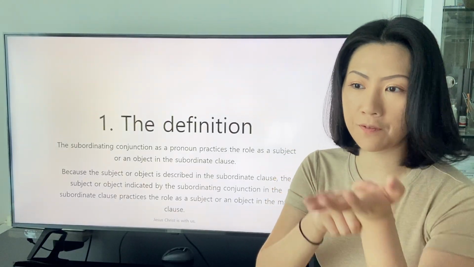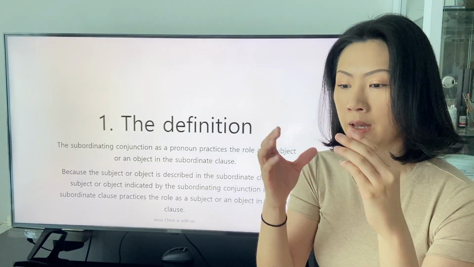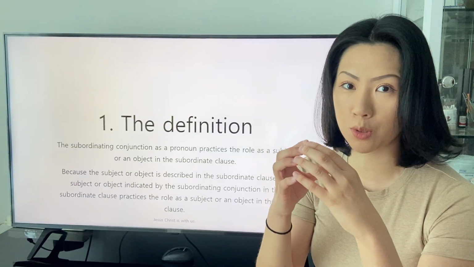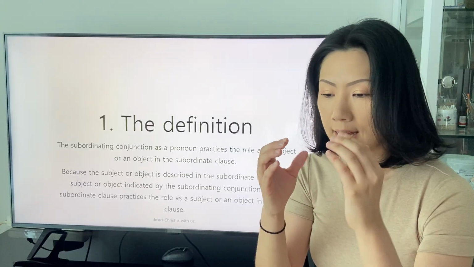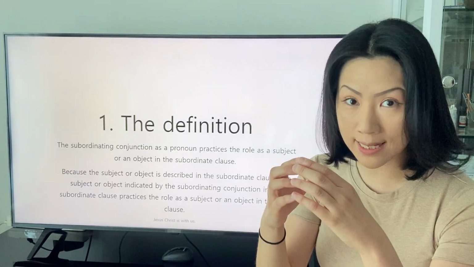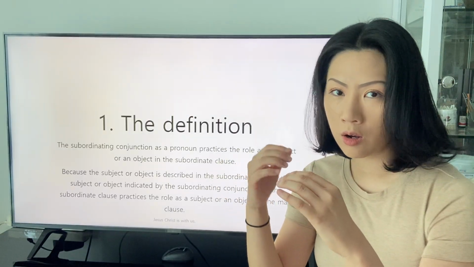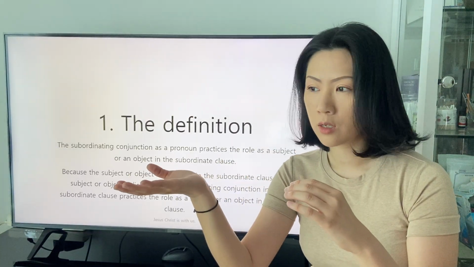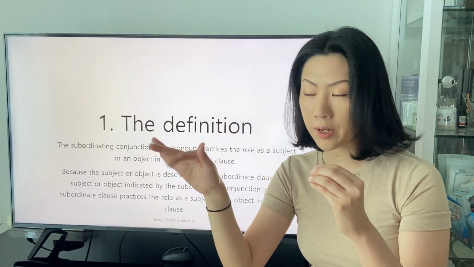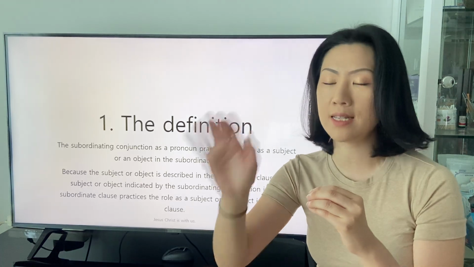The object of the transitive verb like is indicated by the subordinating conjunction what, and the subordinating conjunction what is applied as the object to receive the definition of the transitive verb from the subject, who are the listeners.